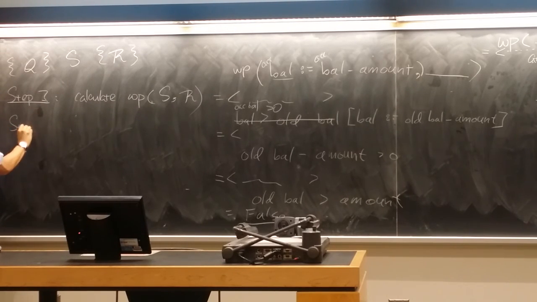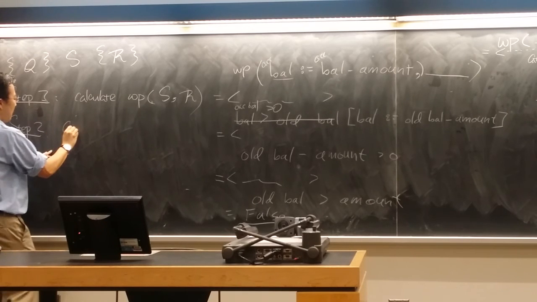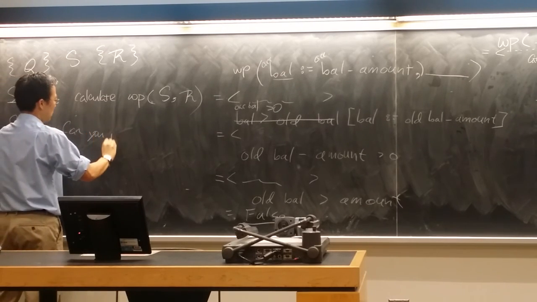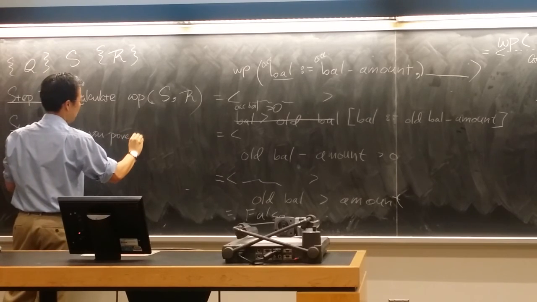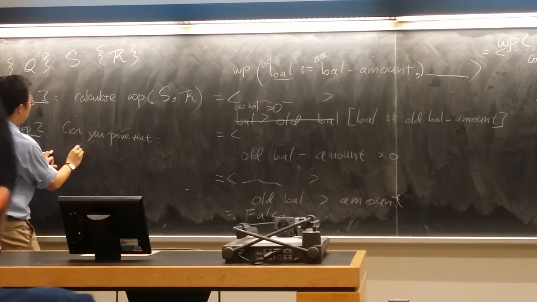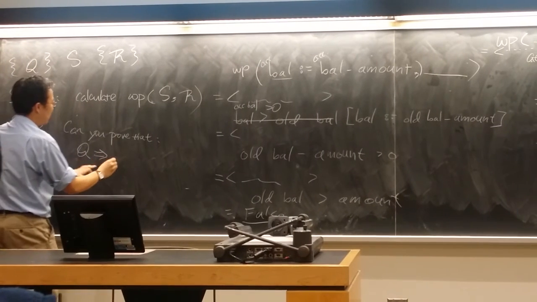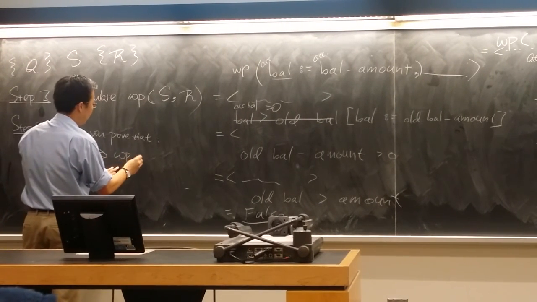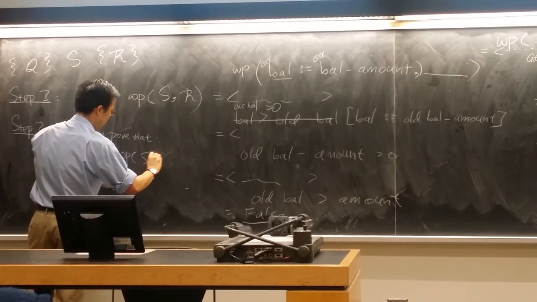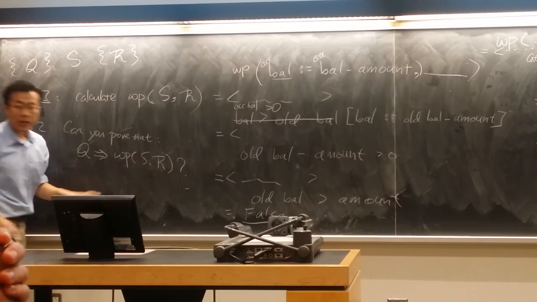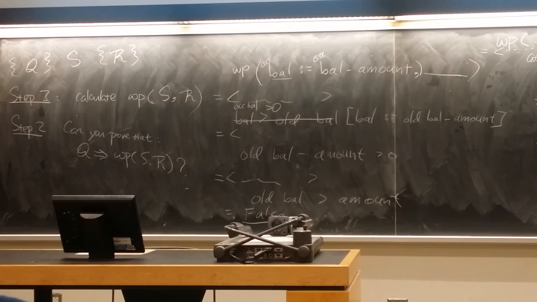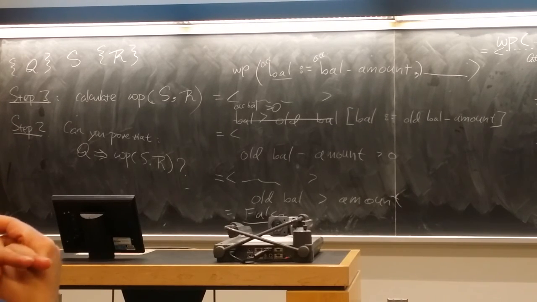Step two: you prove that Q is stronger than or equal to WP. If you can, then that's correct. Otherwise, it's not correct. In this case, Q would be greater than or equal to, and WP would be greater than. Of course, the implication doesn't help. That's why it is not correct.